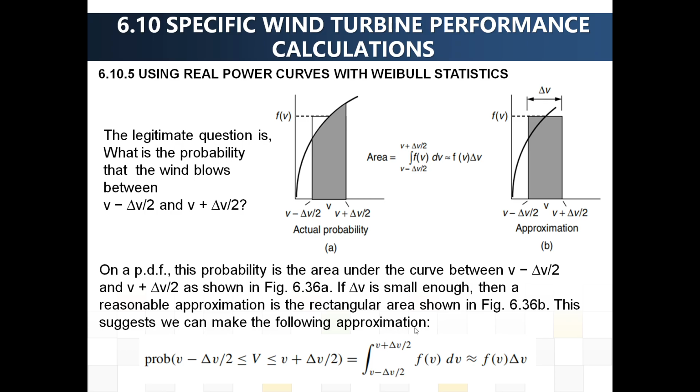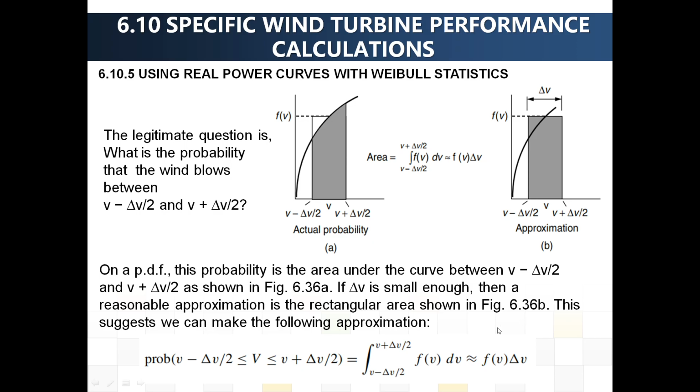This probability is the area under the curve between V minus delta V divided by 2 and V plus delta V divided by 2 as shown in figure 6.36a. If delta V is small enough, a reasonable approximation is the rectangular area shown in figure 6.36b.